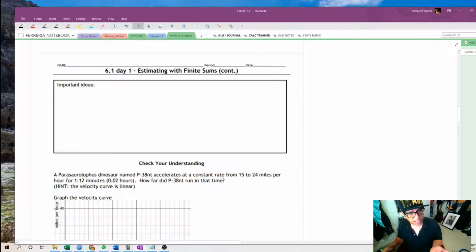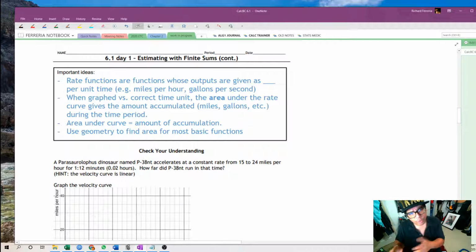There's an important ideas box. Let's see which important ideas I came up with. No real mathematics here; this is very conceptual. The idea is that a rate function is a function whose outputs are given as something per unit time, like miles per hour or gallons per second.